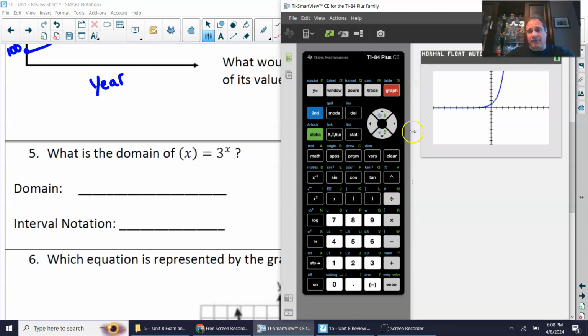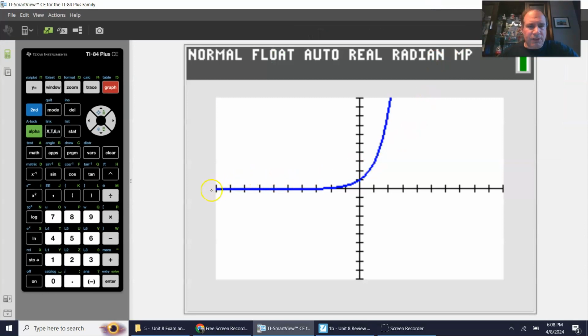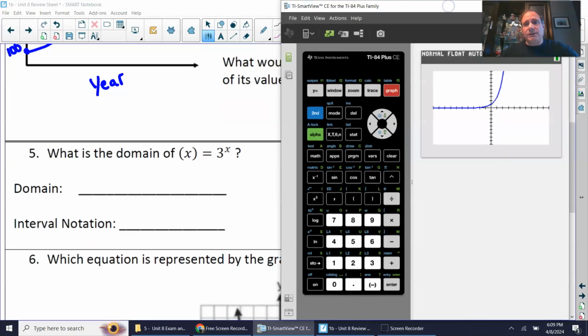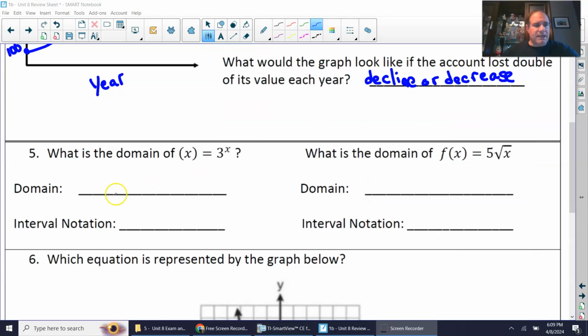If you take a look at that graph, and you're looking for the domain, obviously everything to the left is negative infinity. Everything to the right is positive infinity on the x-axis. That means it's going from all the way to the left and up all the way to the right. So that is the domain.